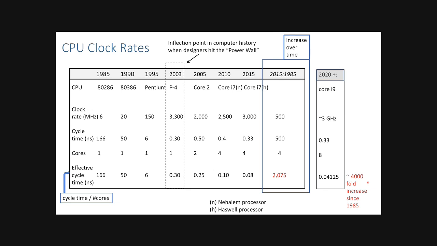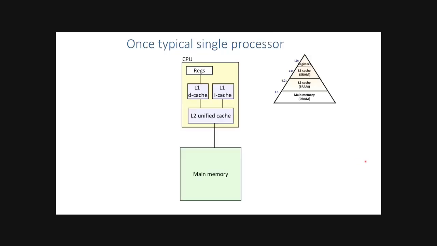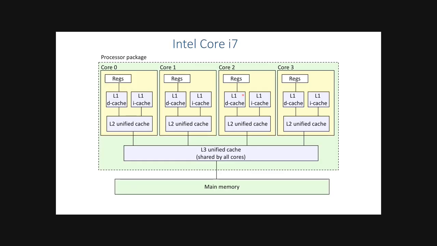So in the dawn of time back here, when we had single processors, things looked kind of like this. And we had only 2 levels of cache, along with main memory for our single CPU. And I'm going to talk about what the D and I are later on. So then these days we have at least 4 cores.